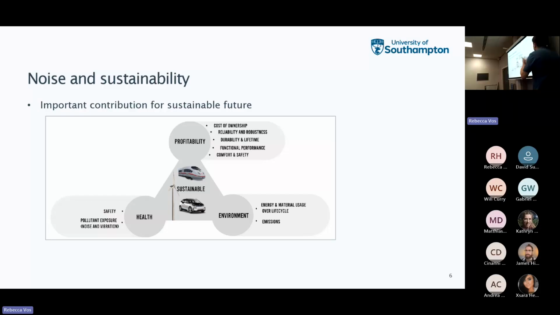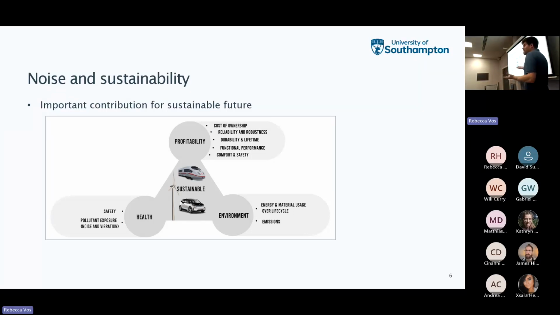So I talked a bit about noise pollution. Now, how is this related to sustainability? Noise is quite an important part if you want to go towards a more sustainable society. Because to get a sustainable vehicle or sustainable machine or whatever you're working on, here are some examples.